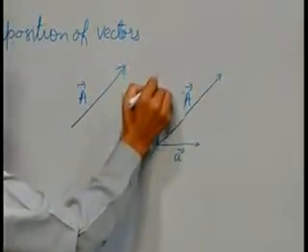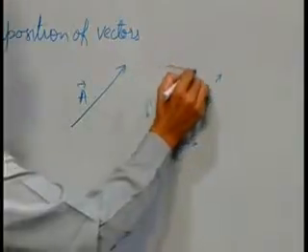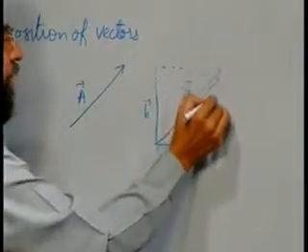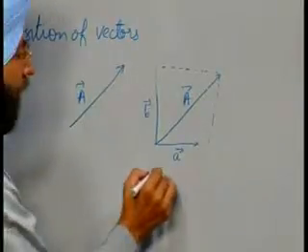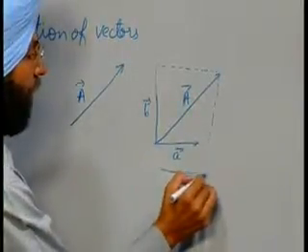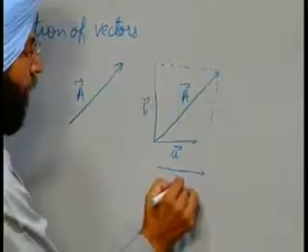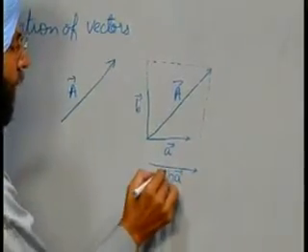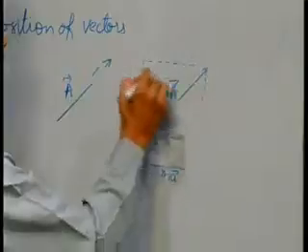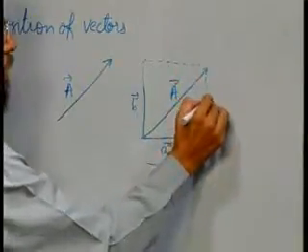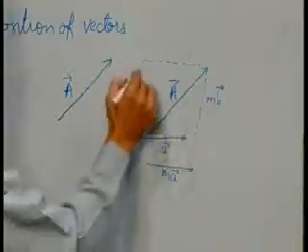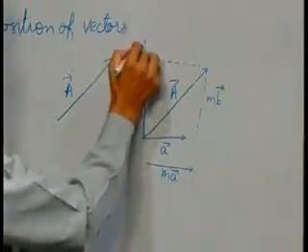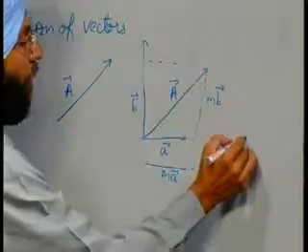Now, if we complete this parallelogram, let us say this gives us M A and this gives us M B. This is B axis, this is A axis.